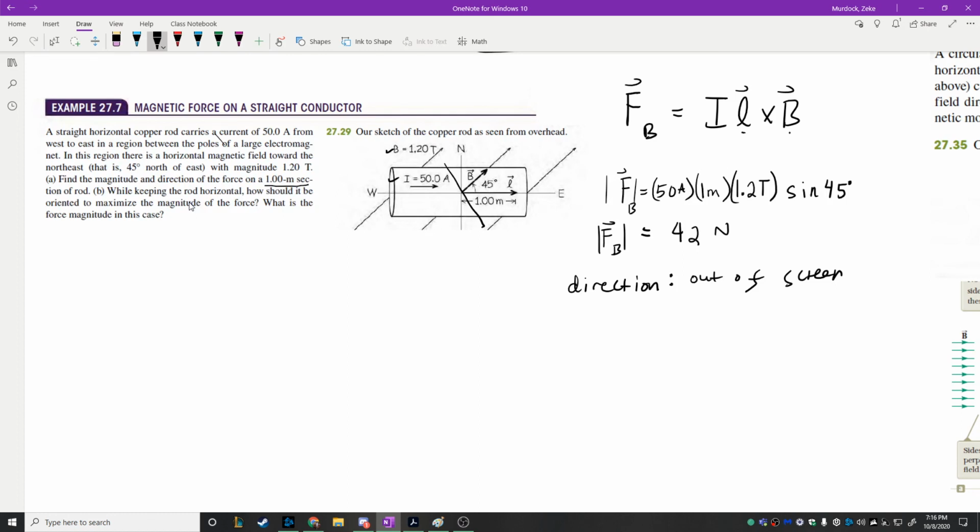Yeah, get the magnetic field perpendicular to the current. So if we tilt our rod like that, it would maximize it, and we'd have a right angle right here, and then the force would just be 50 times 1 times 1.2, which would be like 60 newtons or something like that. Out of the screen.